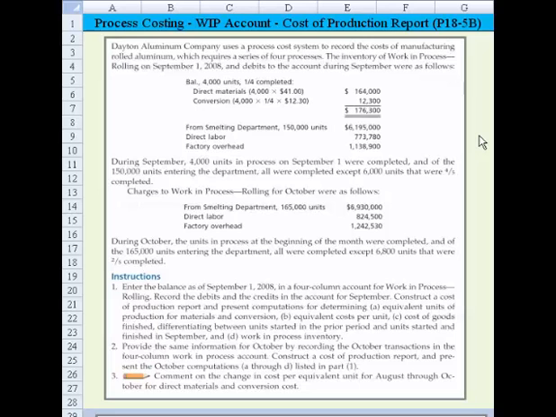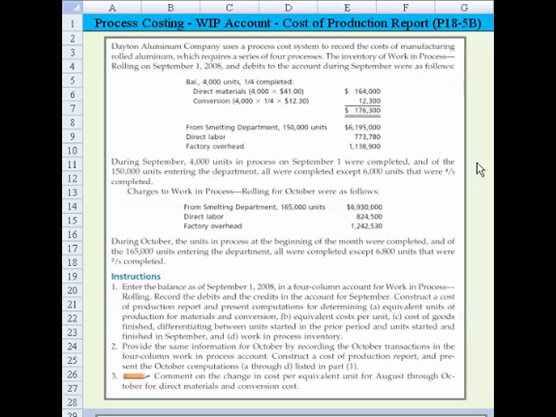During September, I'm reading to the left of my mouse here again, 4,000 units were in process on September 1st, were completed, and of the 150,000 units that entered the process, all were completed except for 6,000 units, and those were 4/5 complete.